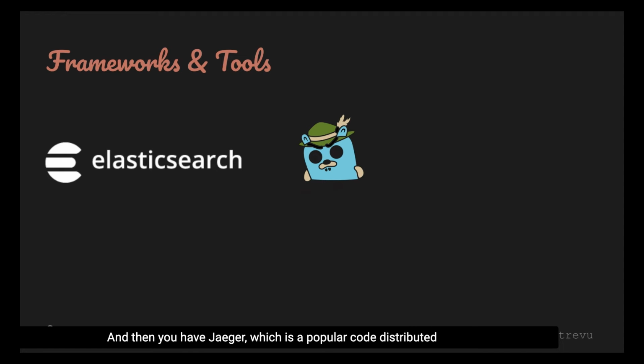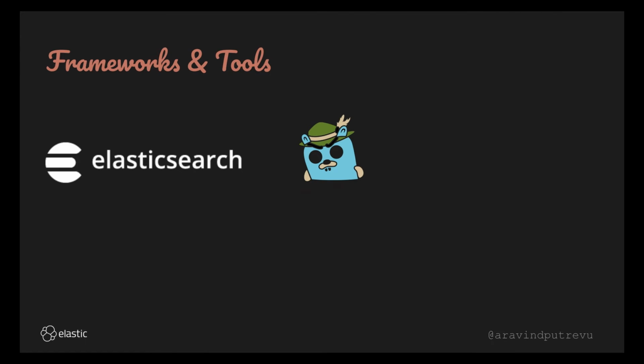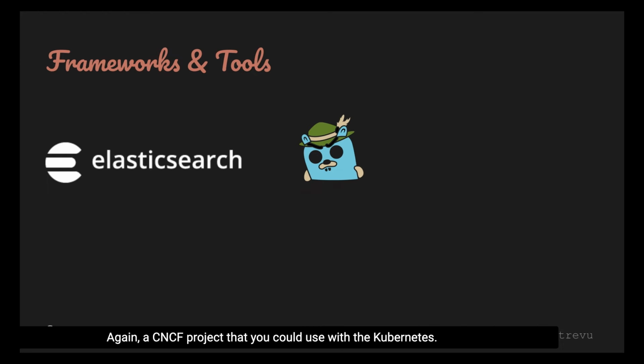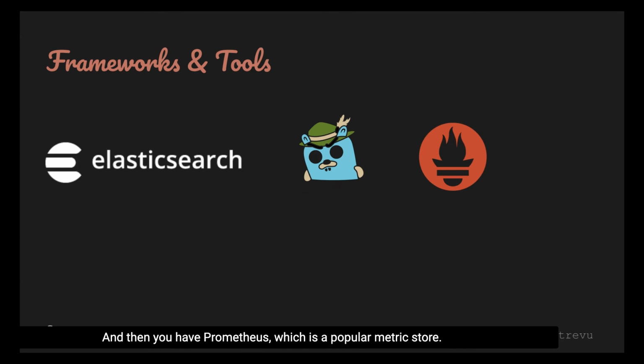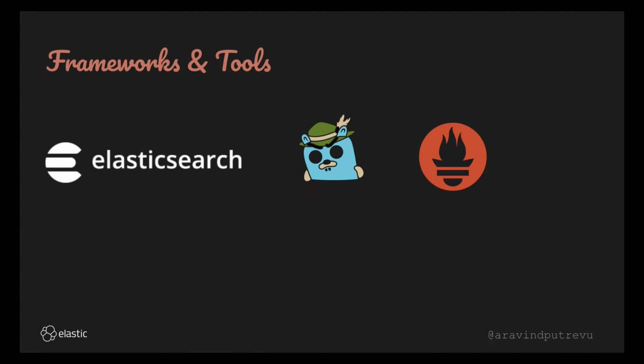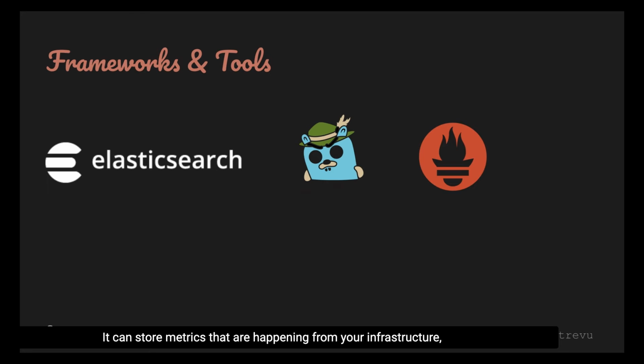Then you have Jaeger, which is a popular distributed tracing solution, again a CNCF project that you could use in parallel with Kubernetes. And then you have Prometheus, which is a popular metric store. It can store metrics from your infrastructure. Then you have metrics exporters, and you could export to a backend like Elasticsearch as well for long-term storage and analysis.